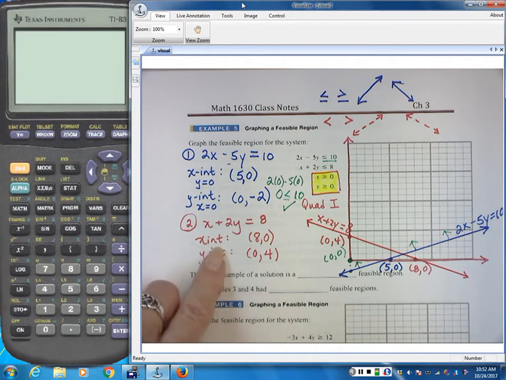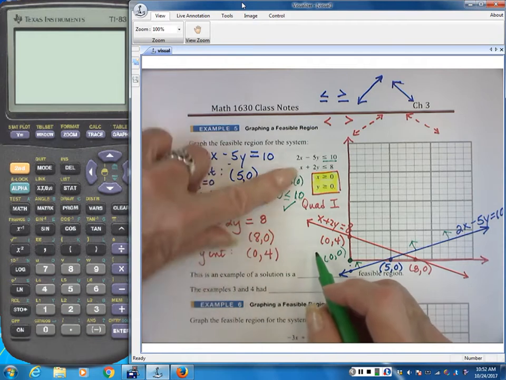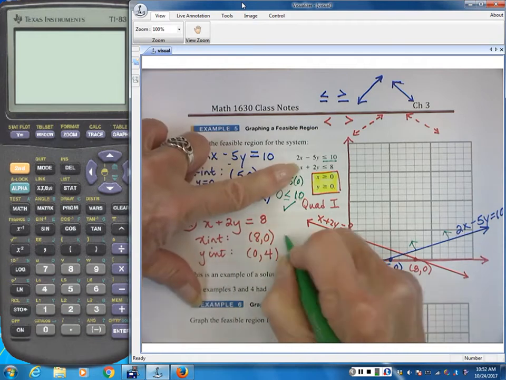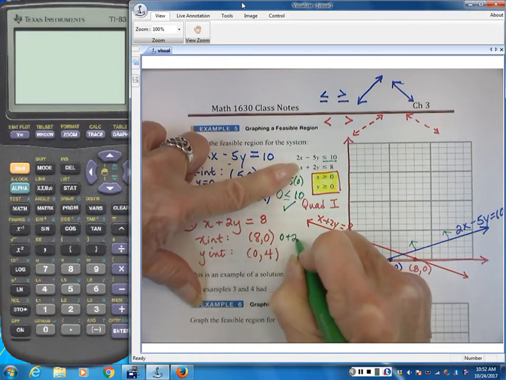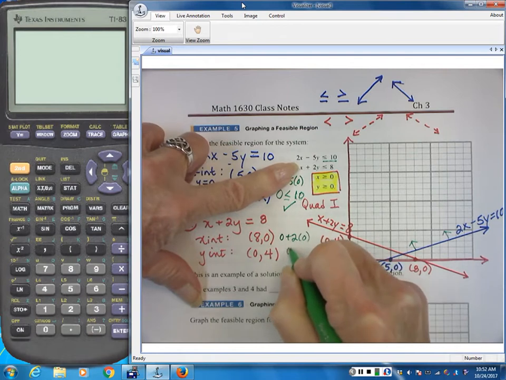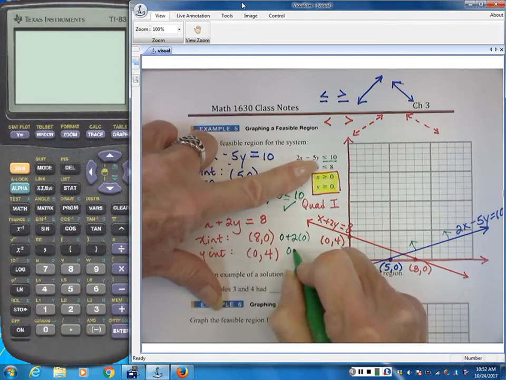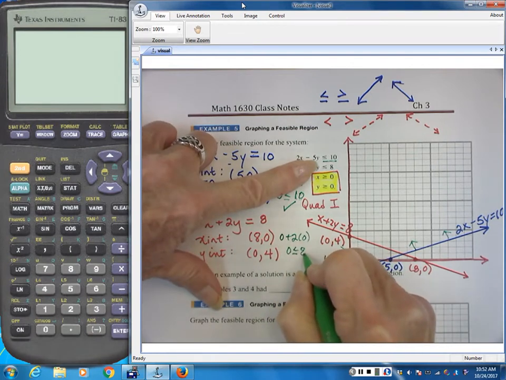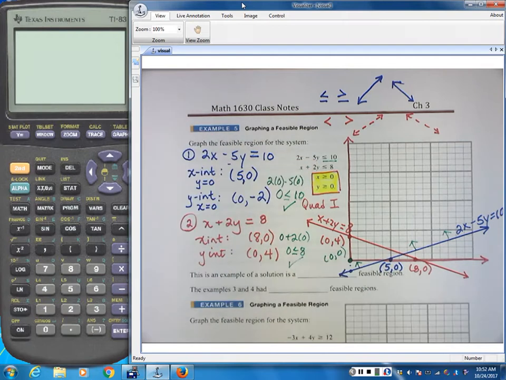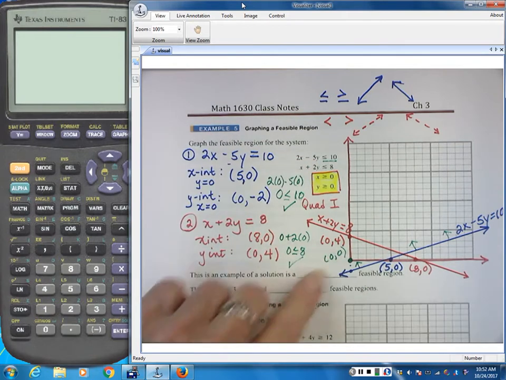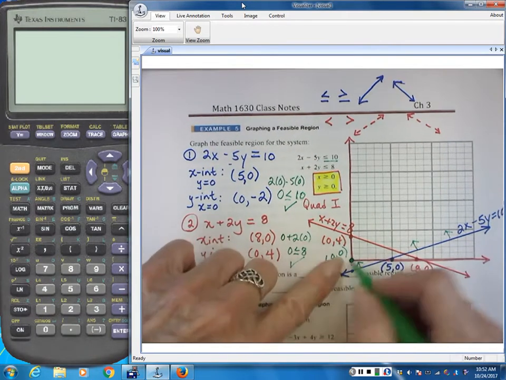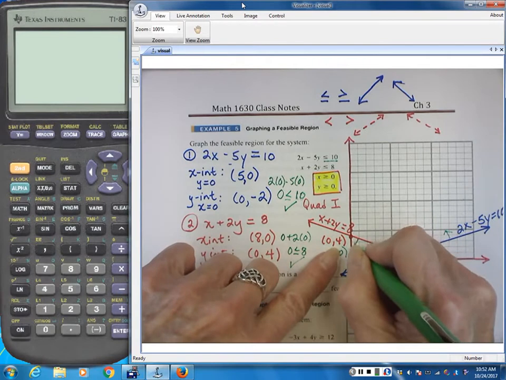And then when I check in the other inequality, I have x plus 2y is equal to or less than 8. That means 0 plus 2 times 0, which is 0, is equal to or less than 8. And that's also true. So that means to go from this line towards (0, 0), I'm going to shade below the line.